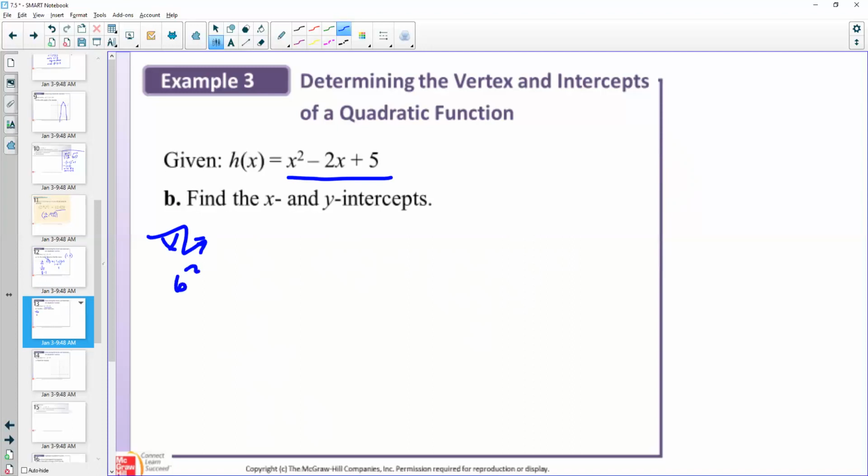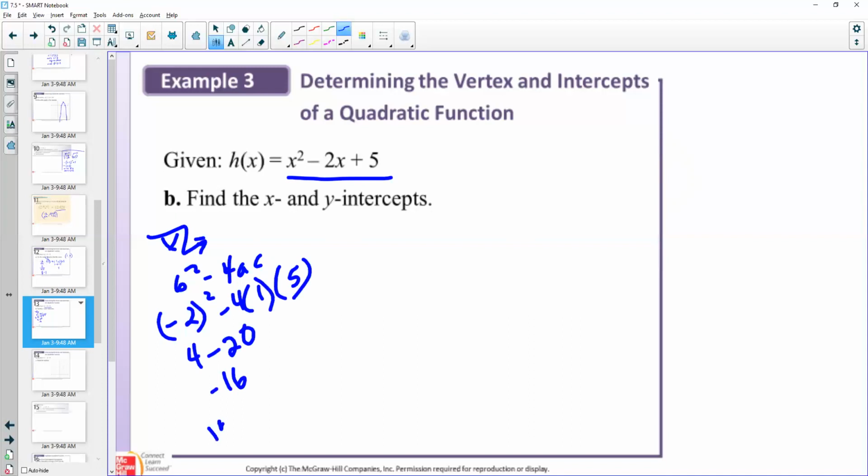So it's b squared minus 4ac. So b squared is negative 2 squared minus 4 times 1 times 5. Well, it's 4 minus 20. It's negative 16. When the discriminant is less than 0, it tells me there's only imaginary answers, and that means there's going to be no x-intercepts.